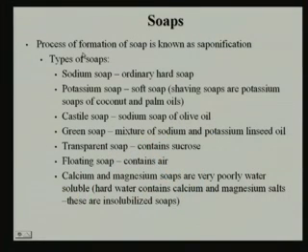Here, if we see the types of soap, we can classify them: sodium soap, which is an ordinary hard soap; potassium soap, the soft soap which is used for shaving purposes; castile soap, that is the sodium soap with olive oil; green soap, the mixture of sodium and potassium with linseed oil; transparent soap, it contains sucrose along with its structure; floating soap, it contains air.